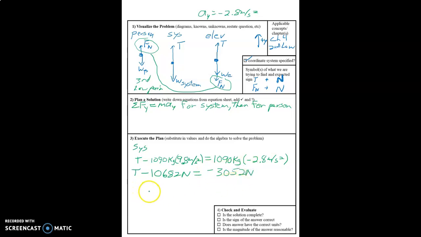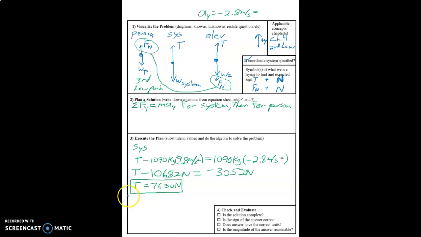Now we're going to add 10,682 to both sides, and we get 7,630. And that's our answer for part A.